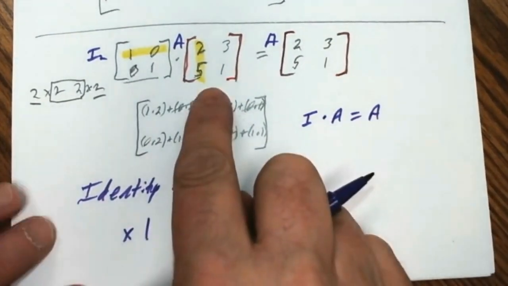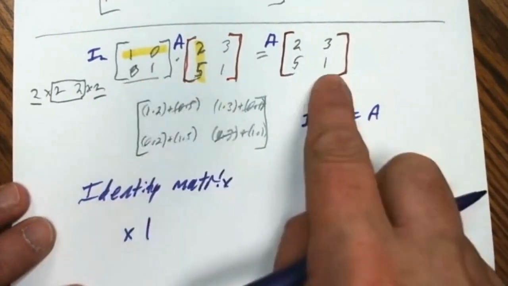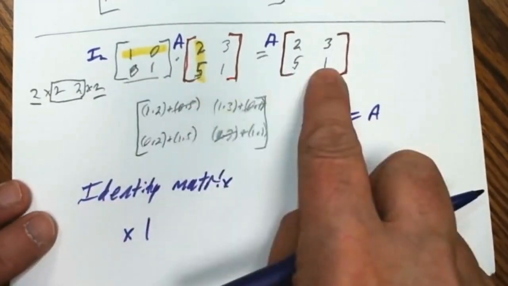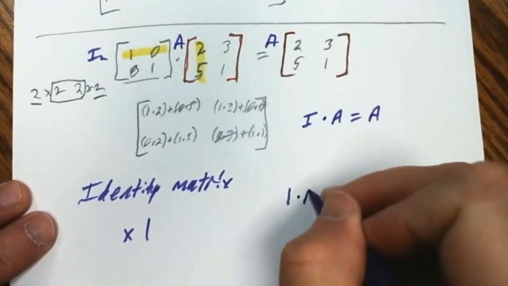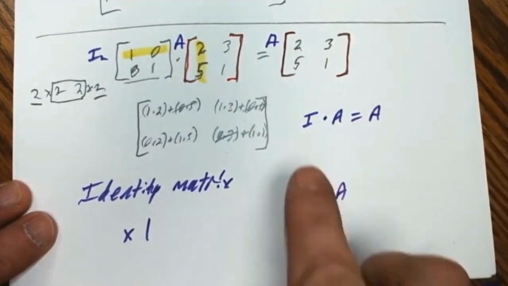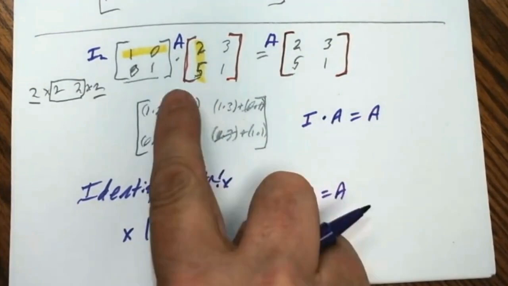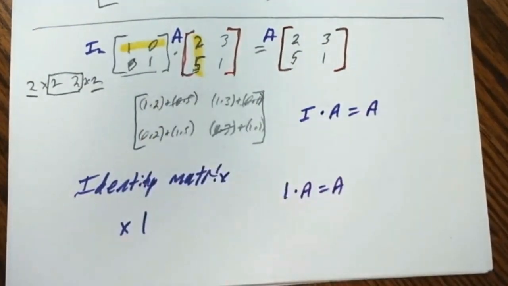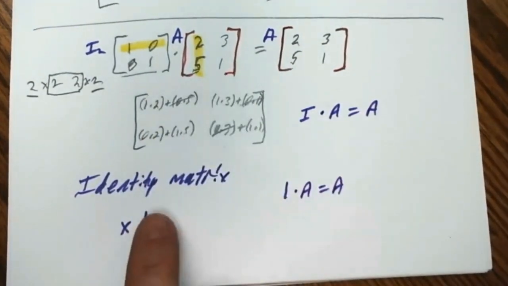That's really what we did. We multiplied this matrix times 1 because we got itself. 1 times A equals A. An identity matrix is a matrix that multiplies by 1. So that's handy to know.